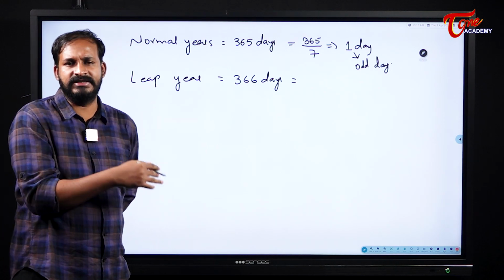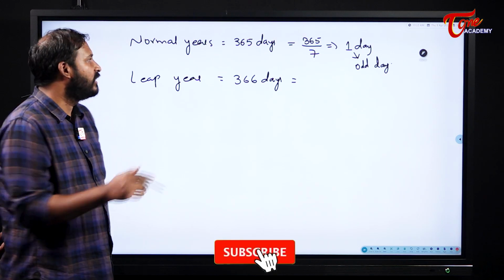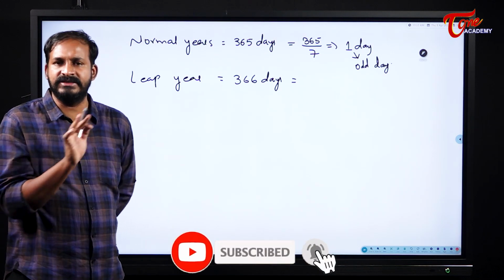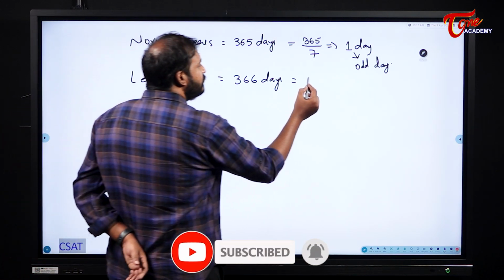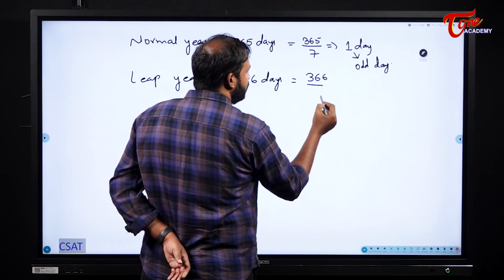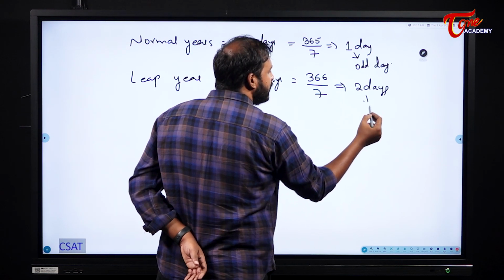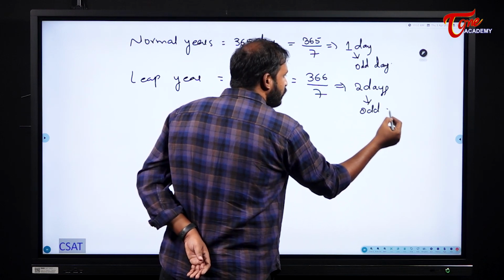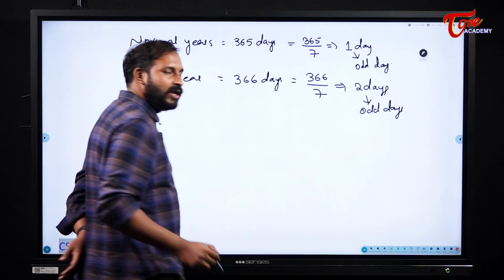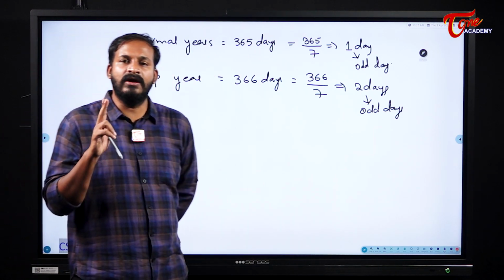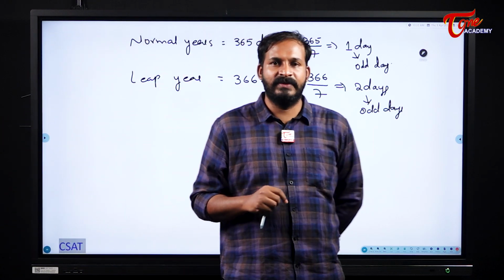Generally, a normal year means 365 days, a leap year means 366 days. So, 366 by 7, how many odd days will we have here? The remainder is 2. So, for a normal year, we have 1 odd day, and for a leap year, we have 2 odd days.